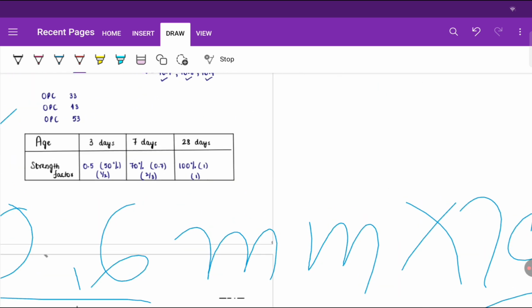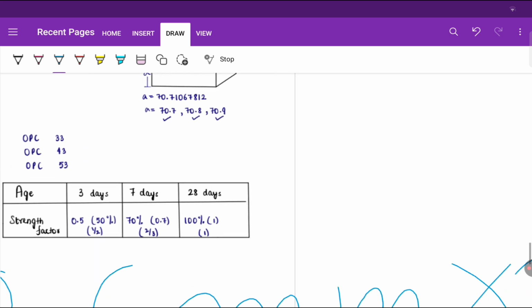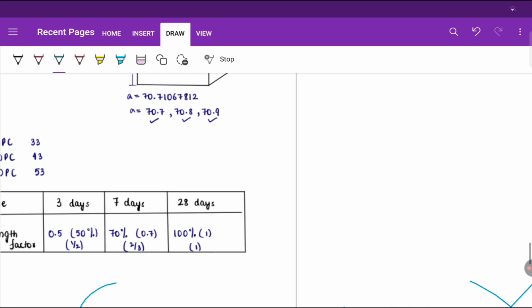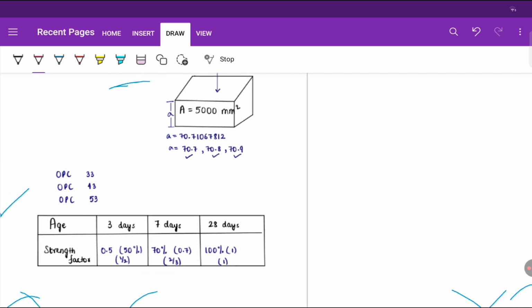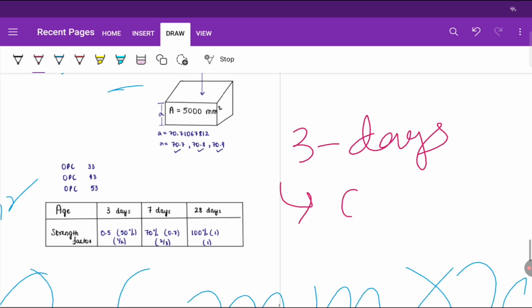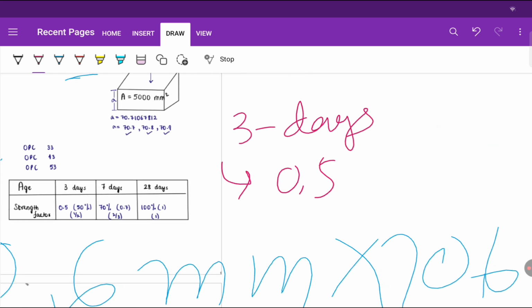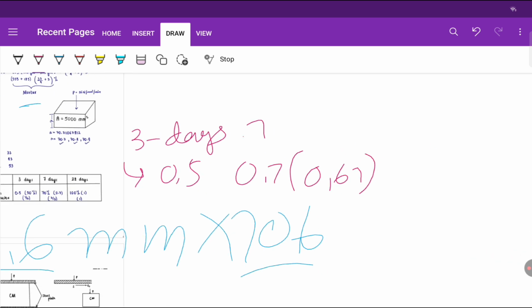One thing that should be remembered is very important. Cement or concrete gains strength, right? So we do a 7 days test or 28 days test. The strength factor at 3 days is 0.5, and for 7 days it is 0.7 or 0.67, remember it.